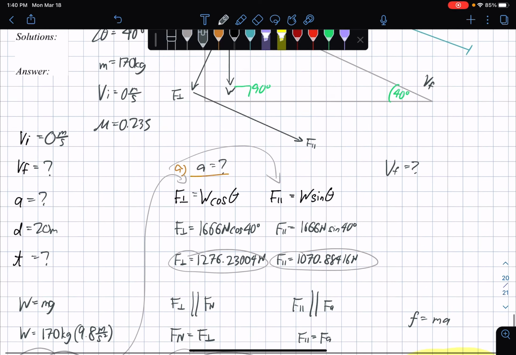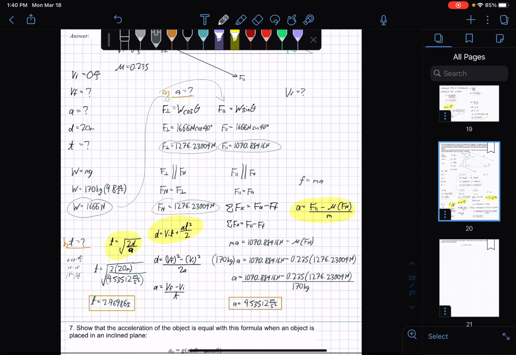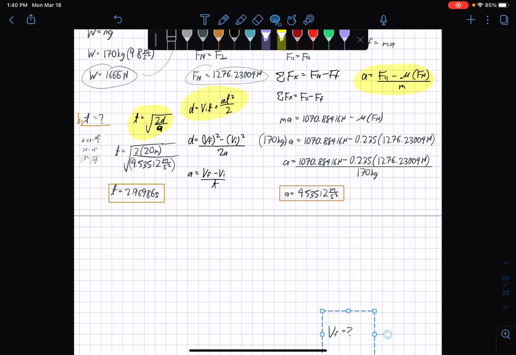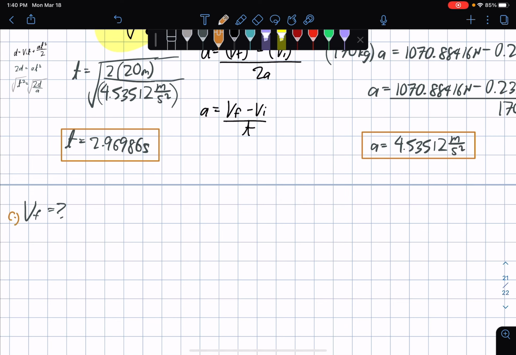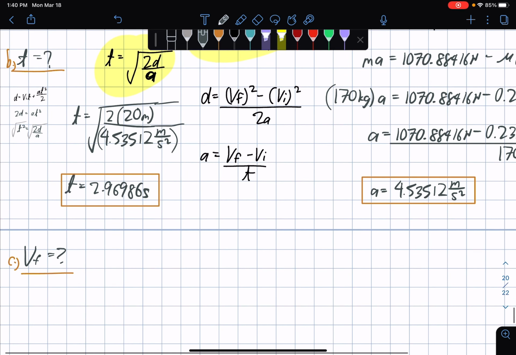Next, our last missing value, Vf. We then use one of the kinematic formulas again. You just use whatever is appropriate. Well, I think this one is appropriate to use. So let's try substituting first.